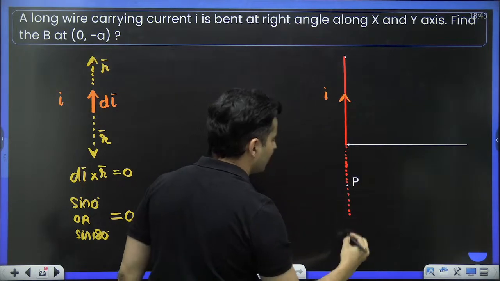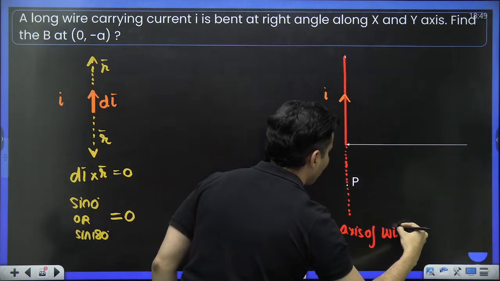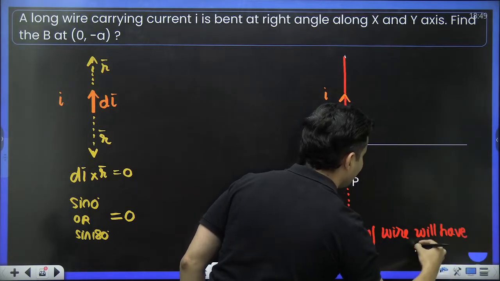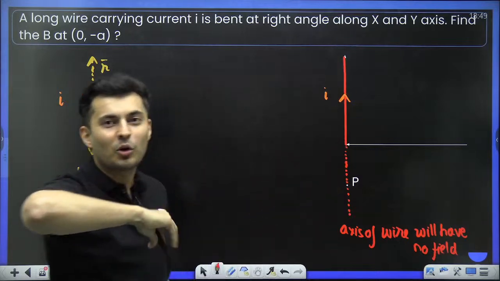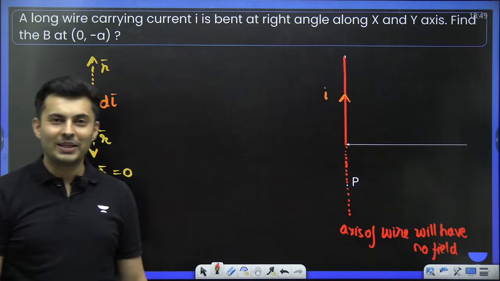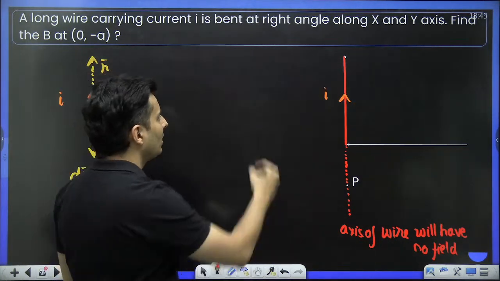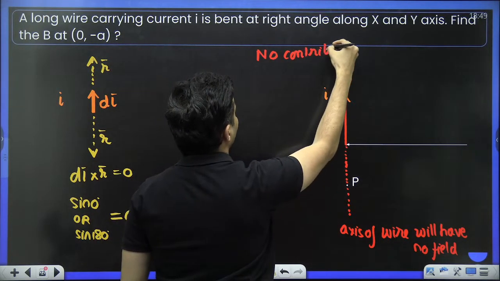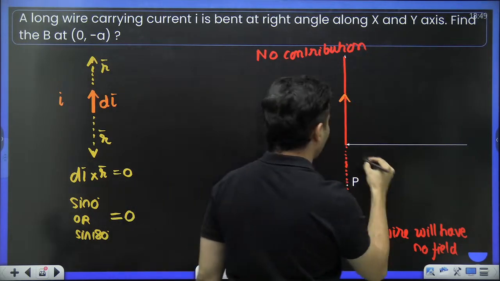Basically, the axis of the wire will have no field. So this wire is definitely not contributing. Do you understand this? So there is no contribution.